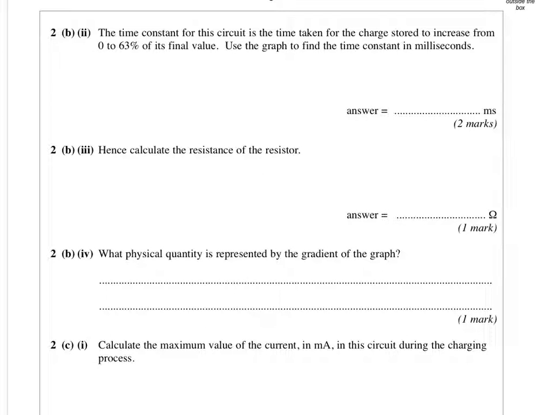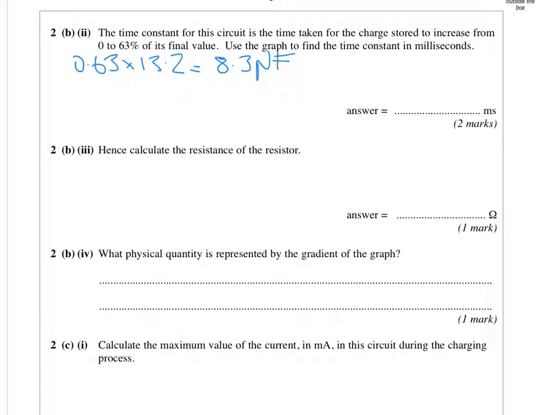We're looking for 0.63 times 13.2, which is the final value. So we're looking for the point where there's 8.3 microcoulombs.